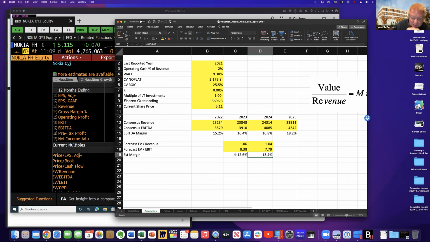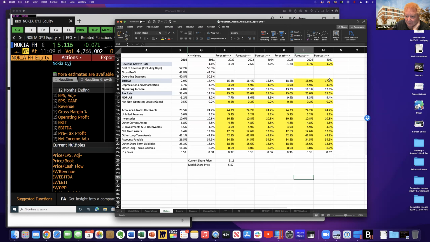I picked the 23 one because this range looked higher than the historical range. So I thought this was probably a better number in the range, but we could have been anywhere in this range because the multiples say they had to be somewhere in this range. I picked 12.6. So therefore, create that to get 12.6.